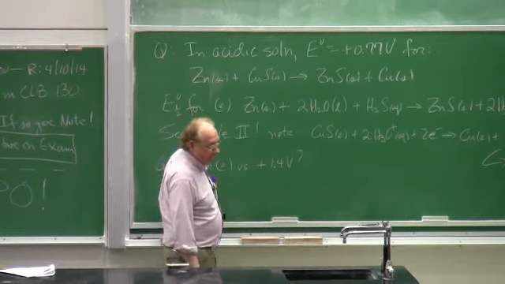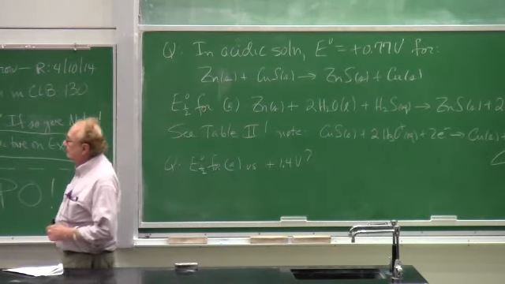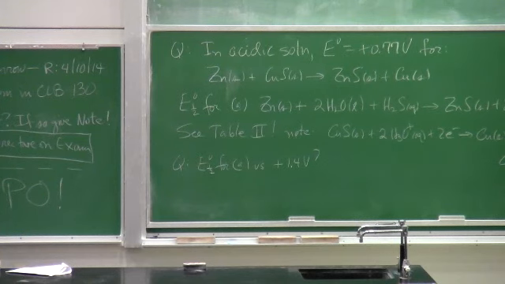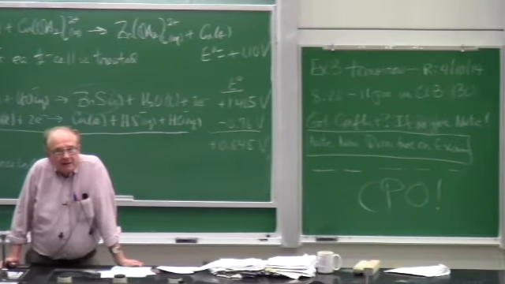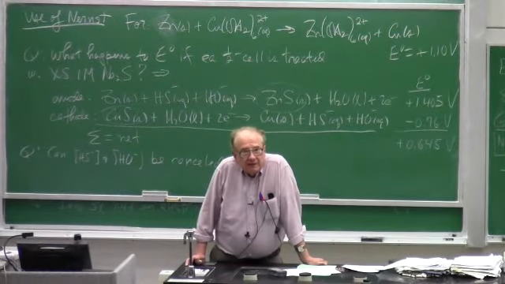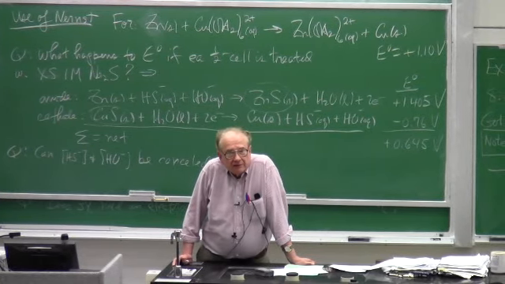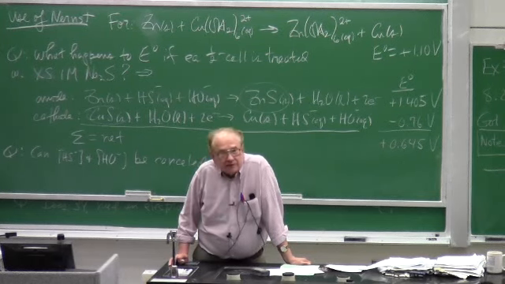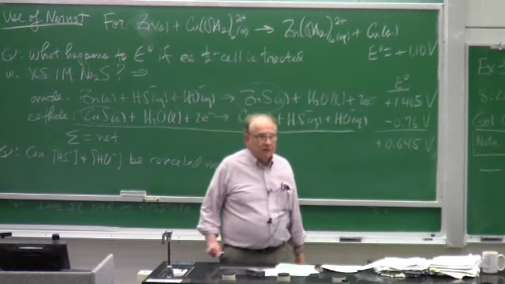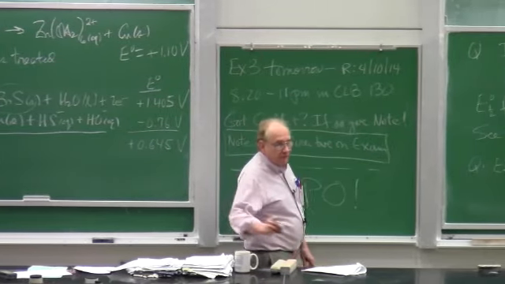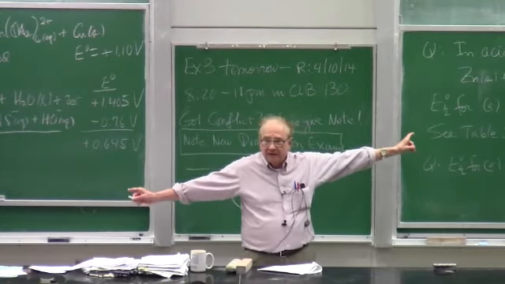So tell me, based on this, the stability of which of these sulfides has been increased to the greater extent? Not the stability, but instability. Which sulfide seems to have become less stable as a consequence of going from basic to acidic media?